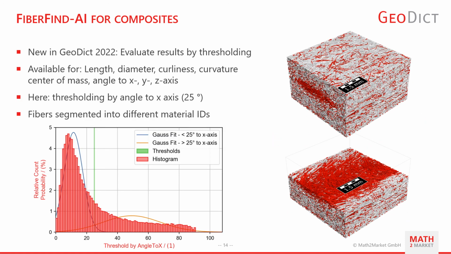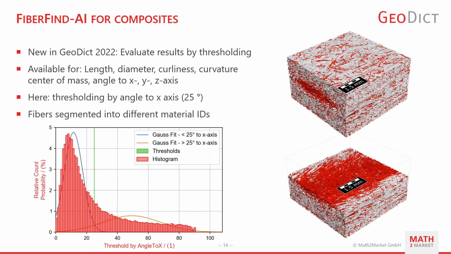Now for Geodik 2022, we not only added this layer-wise analysis of the fiber parameters, but we also added the possibility to segment the fibers by these properties you can analyze. So for example, the length, the diameter, curliness, curvature, or in our case here, the angle to the x-axis.